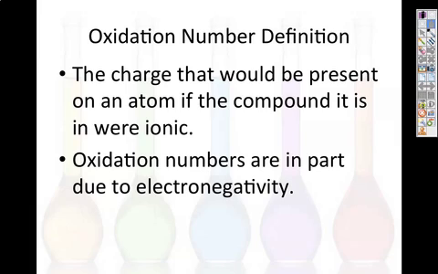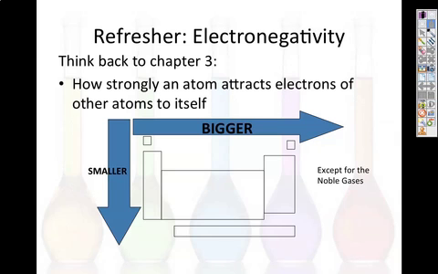And oxidation numbers are in part due to the electronegativity values of the elements in the compound that we're studying. So we need to look back at electronegativity. If we think back all the way to chapter 3, first semester, electronegativity is how strongly an atom attracts electrons of other atoms to itself.